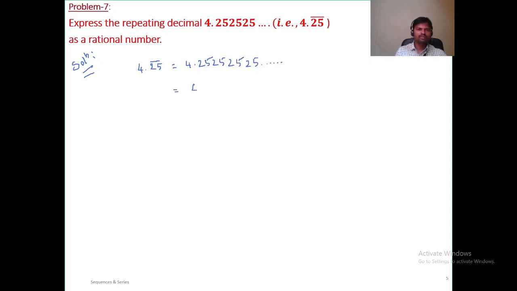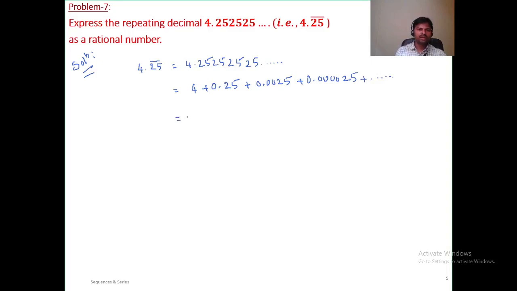And this I can write as 4 plus 0.25, plus 0.0025, next up to 4 zeros, plus 0.000025. If you add all these things, you will get the given number 4.252525 like this.